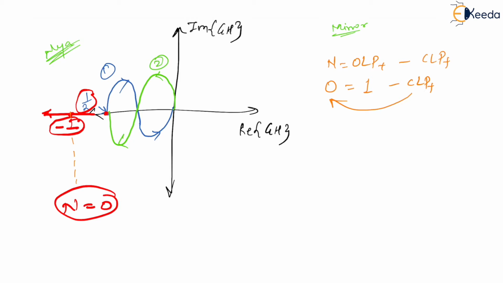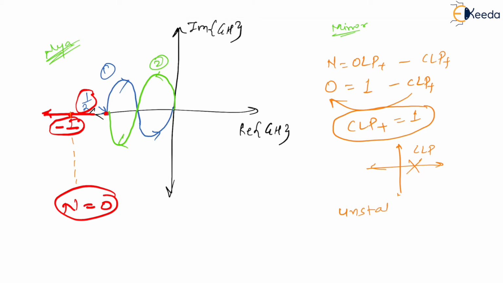So if I put CLP plus here, I get closed loop poles at RH, CLP plus equal to 1. What does this indicate? This indicates that you have a closed loop pole at RH, somewhere here you have this closed loop pole, right? This means that the system is unstable. System is unstable. I hope you are understanding the point.